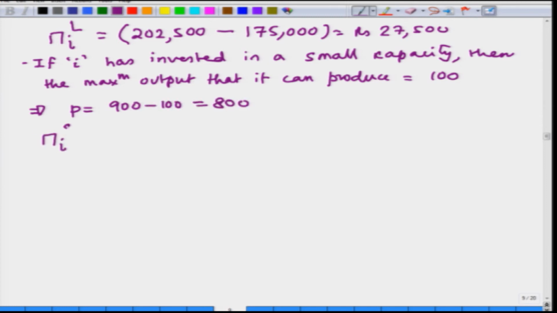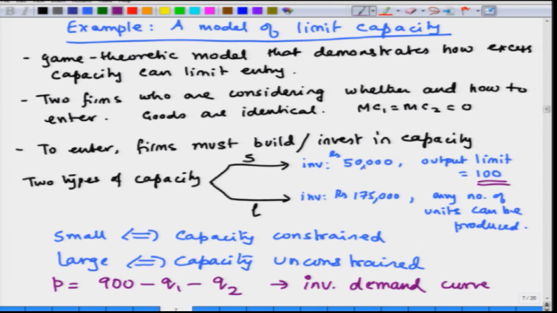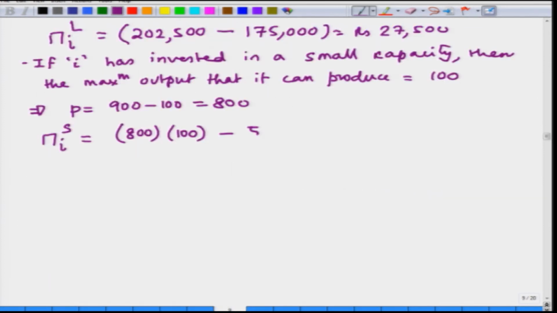So, the profit of firm I when it has invested in a small capacity would be the price, which is 800, times the output that it produces, minus the cost of capacity. The cost of capacity would be 50,000. So, this turns out to be 80,000 minus 50,000, so that is 30,000 rupees, right.